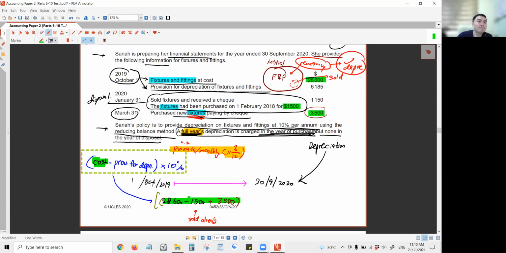I use these three numbers. Minus provision for depreciation. So I'm going to start to calculate the provision for depreciation, the one in dark blue.